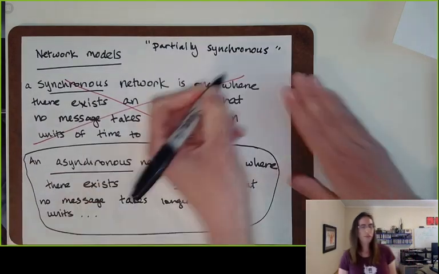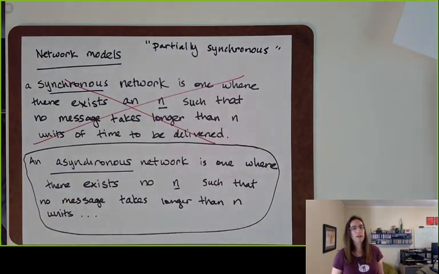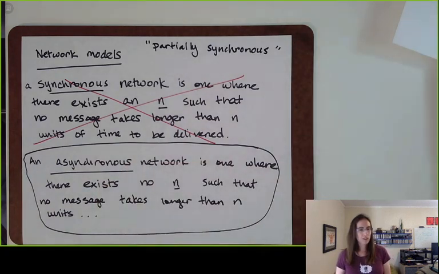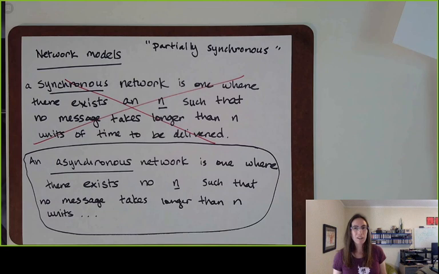There are different ways of defining partially synchronous, but one way is there is some n such that no message takes longer than n units of time to be delivered, but you don't get to know in advance what that n is. That turns out to be a useful notion, especially for certain kinds of verification tasks. But we're not going to be talking about that very much in this course. It's something that you can check out on your own if you're interested.